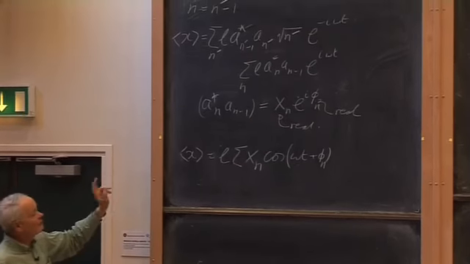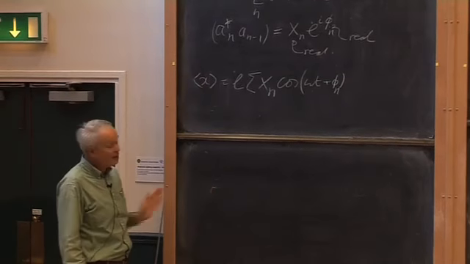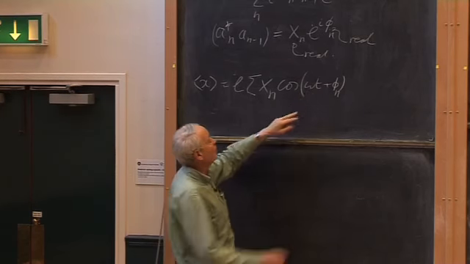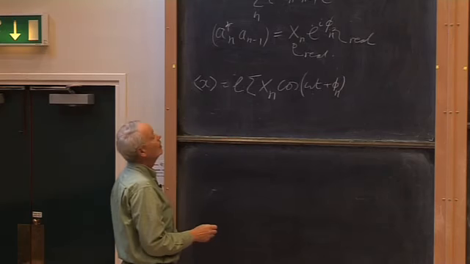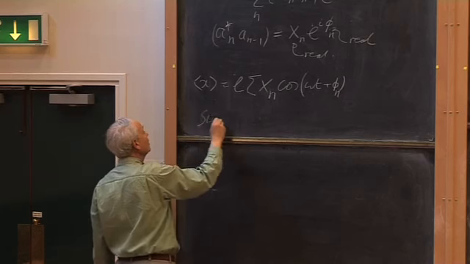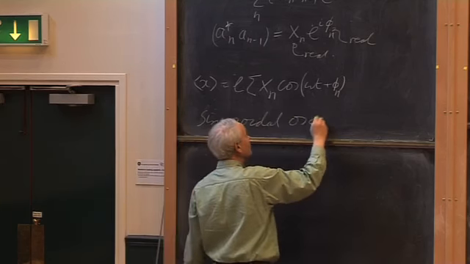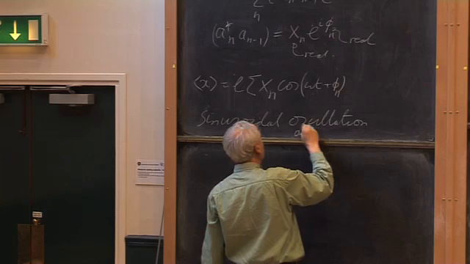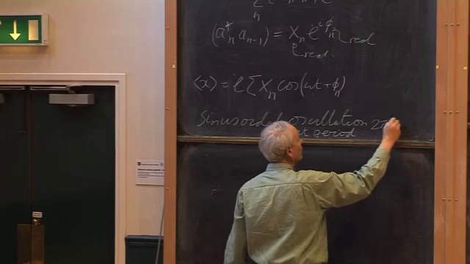So what have we discovered? We've discovered that, lo and behold, the expectation value of the position does oscillate periodically. We have indeed sinusoidal oscillation at period 2 pi over omega.